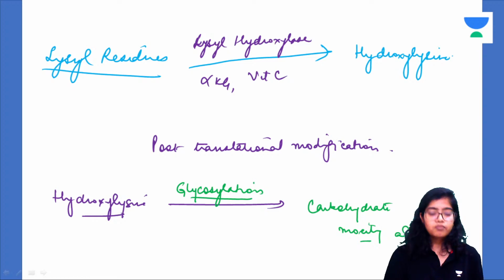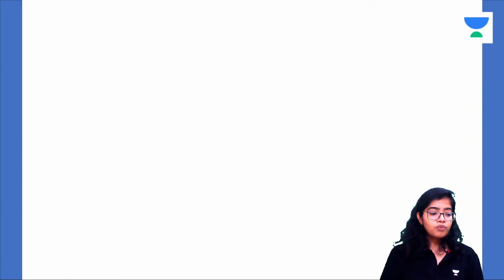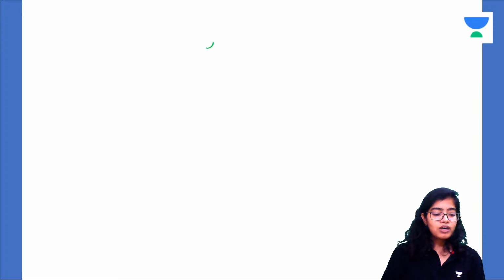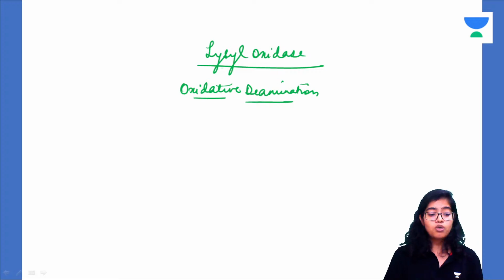Okay, got it? Now, one other enzyme called lysyl oxidase is also involved. What is the function of this enzyme? It causes deamination. Oxidative deamination. And what is the cofactor involved? It is copper.